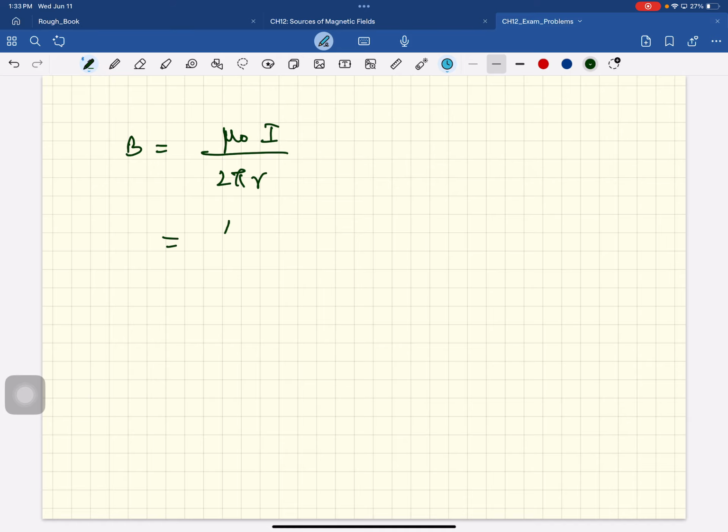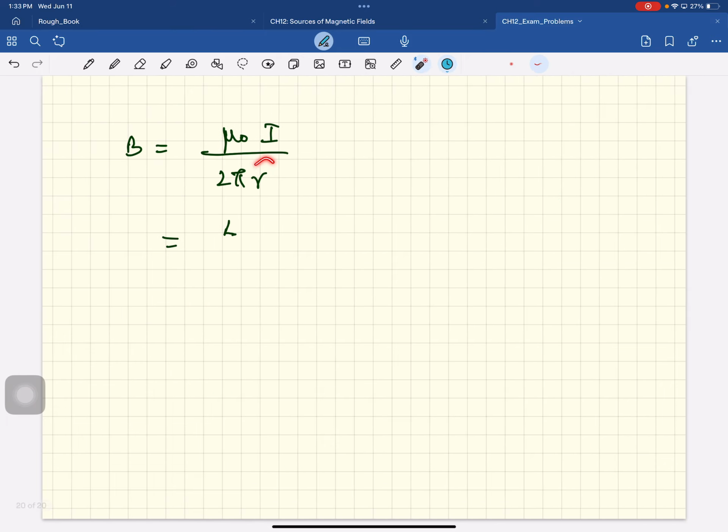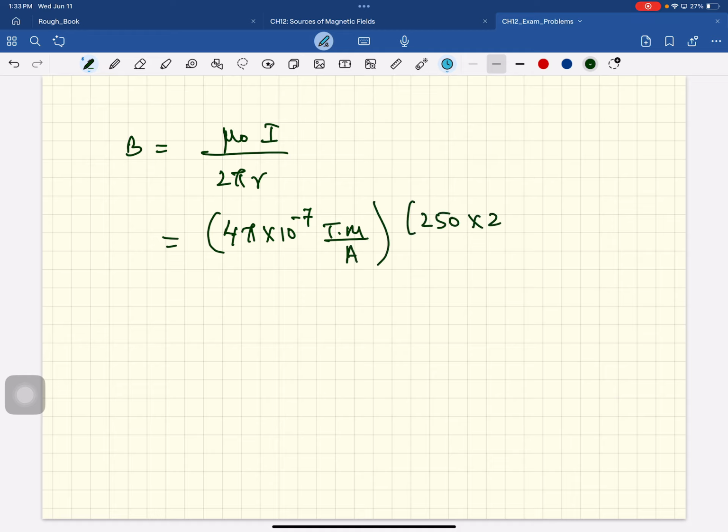And for all the other radii, all you have to do is change the radius. So mu naught is 4 pi times 10 to the minus 7 Tesla meter per amp, I is 250 times 20 amps, divided by 2 pi times 8.1 centimeters times 10 to the minus 2.